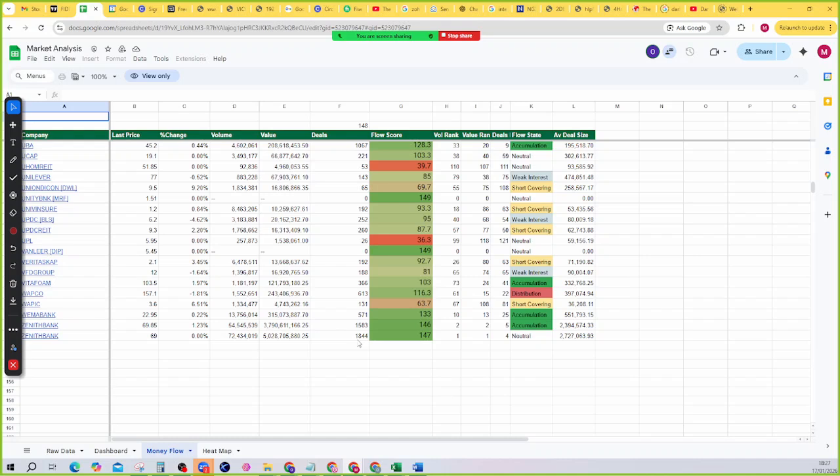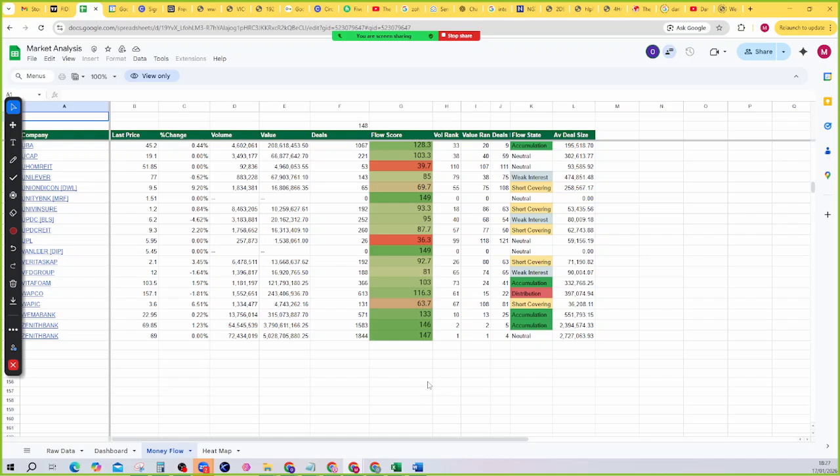So the deals were 1,844 deals, and it was 5 point something billion in value, 72 million in volume.